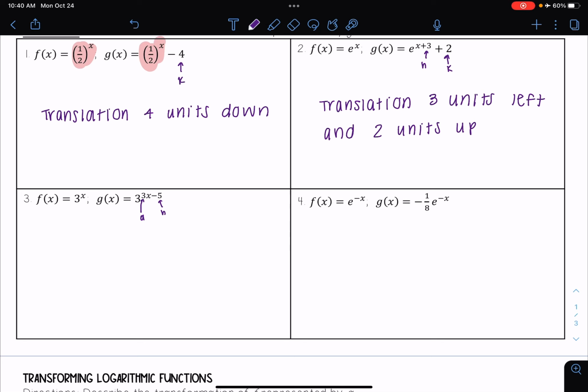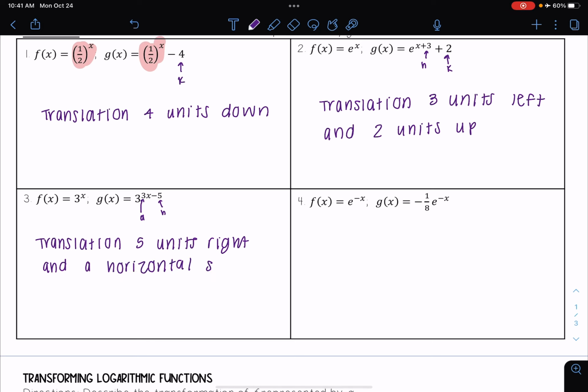So I can say this is first a translation 5 units right, and a horizontal shrink by a factor of 1/3. So you take your a, which here is 3, and then you're going to do the reciprocal of it.